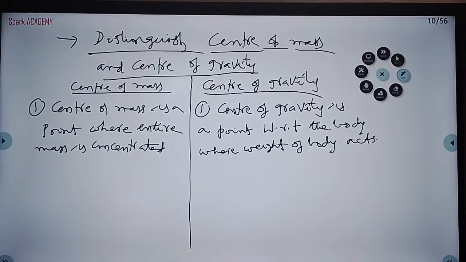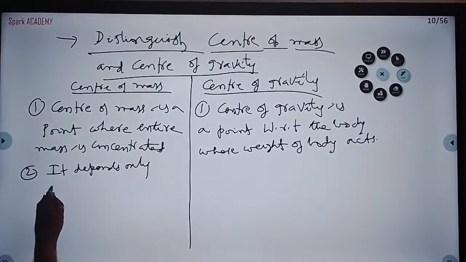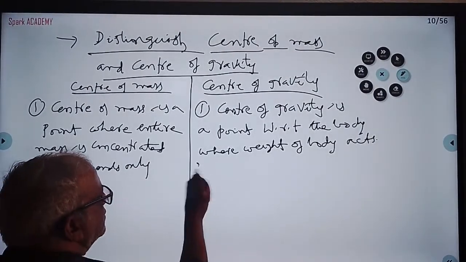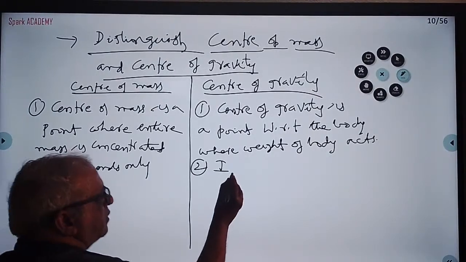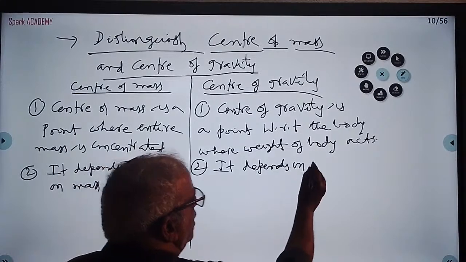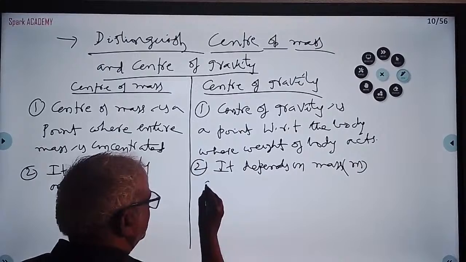That is the first difference. Second difference: center of mass depends only on mass. Center of gravity depends on mass m and gravity g.